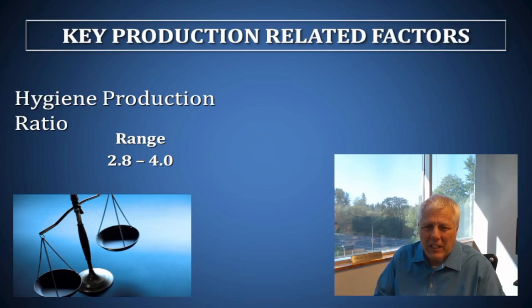And the ratio basically is, if it's $60 an hour, to make the math simple, then a 3 ratio is $180. So they should be generating $180 in collectible dollars per hygiene appointment per hour.